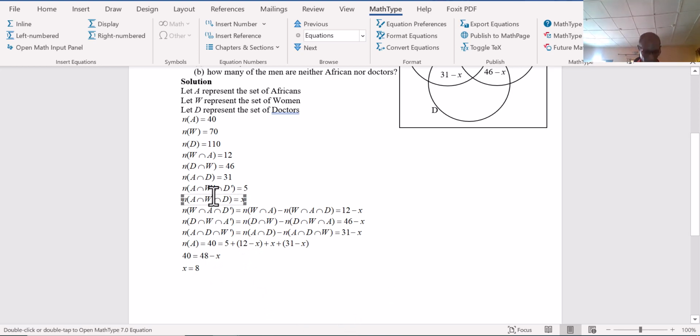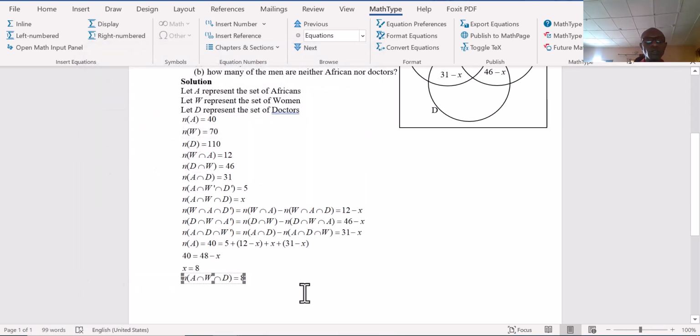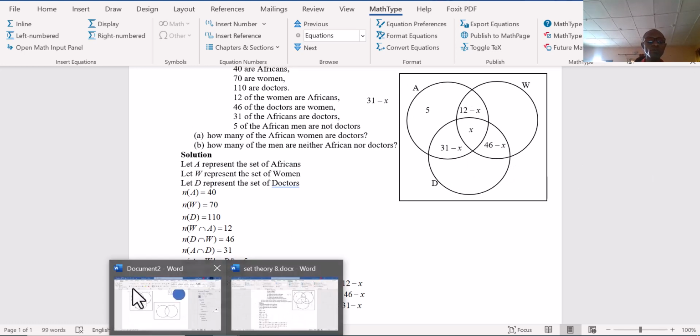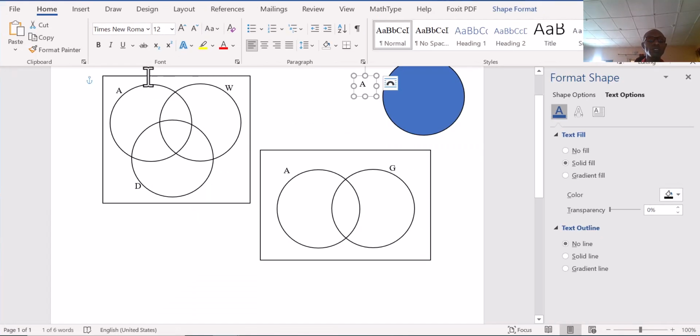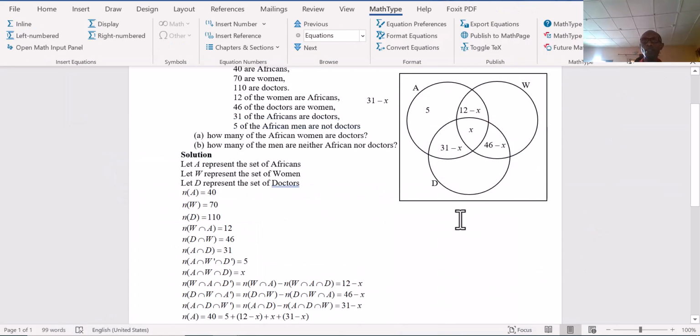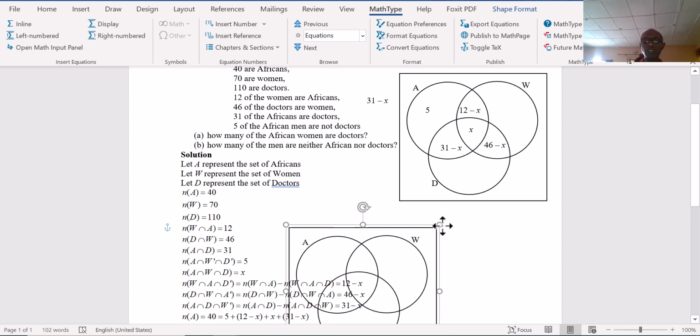We copy this. So this is 8. So we can draw another Venn diagram, and we need to represent everything and bring out all this information. So let me drag this here.